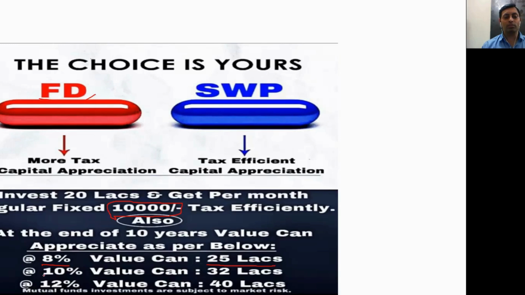If I take 10% returns, that will become 32 lakhs. If I get 12% returns, that will become 40 lakhs. We have multiple examples of how different companies have given returns. Some have given more than 40 lakhs, 45 lakhs, even 50 lakhs over 10 years. Let's see that as examples as well.